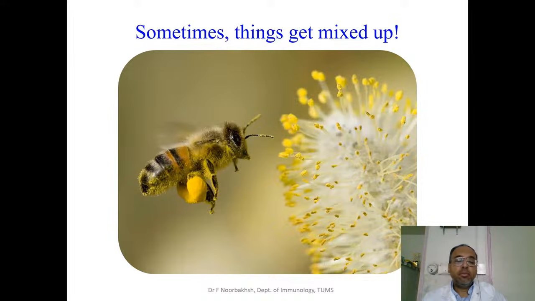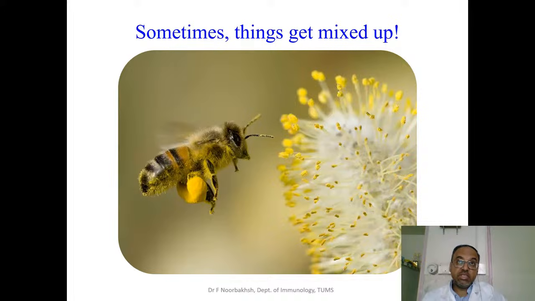So in this picture, you see two things which might lead to erroneous production of IgE. One of them is these pollens that you're seeing in here, and the other one, this honeybee, is the antigens and the proteins which exist in its venom.